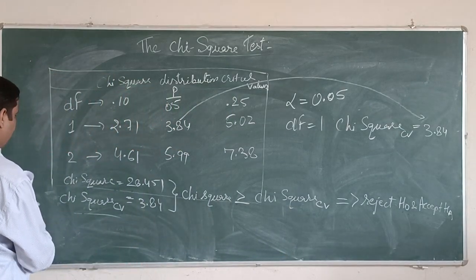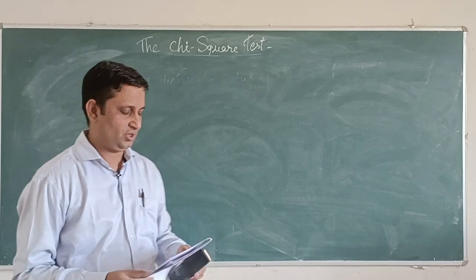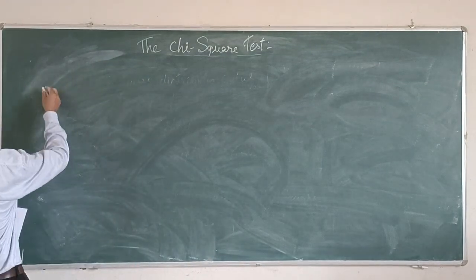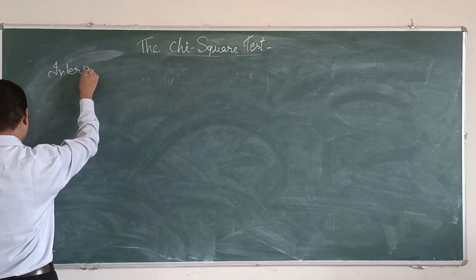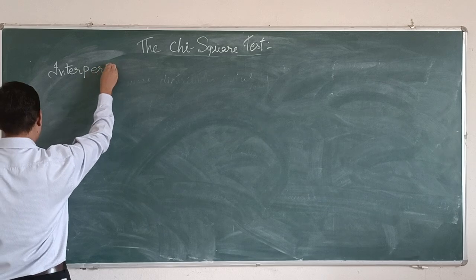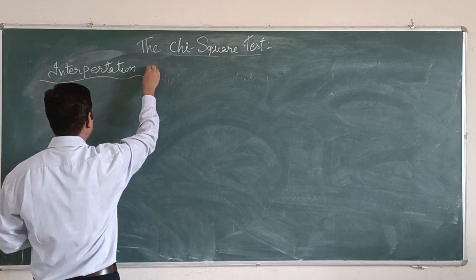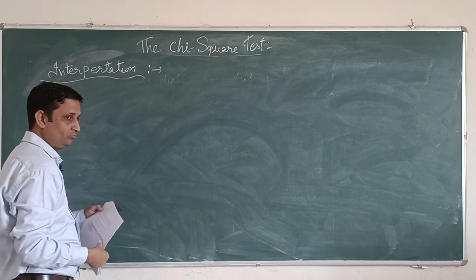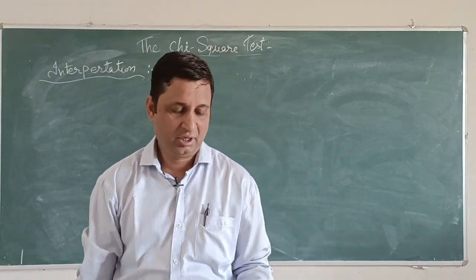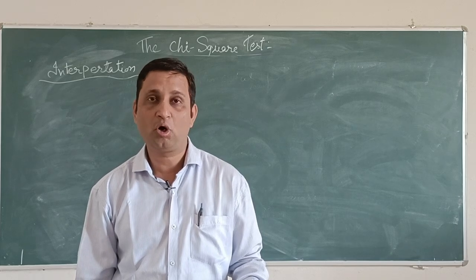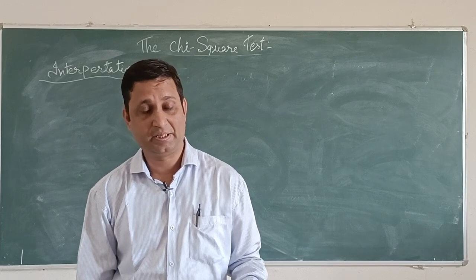Now we will study the chi-square test interpretation. The chi-square test is an overall test for detecting a relationship between two categorical variables.